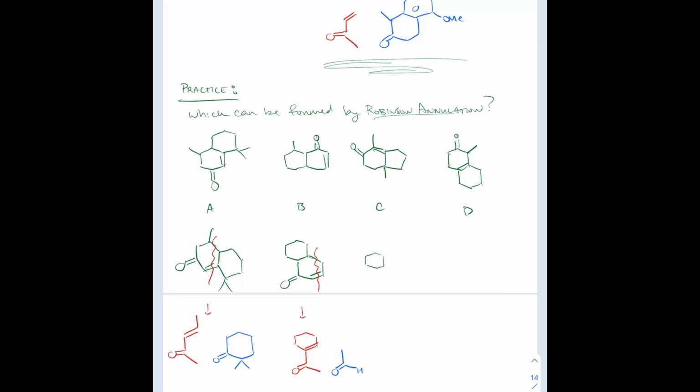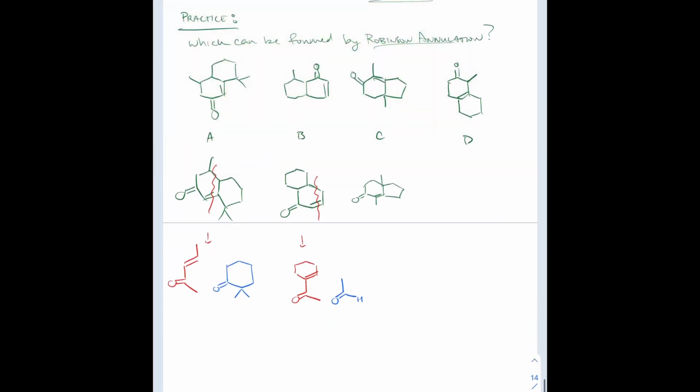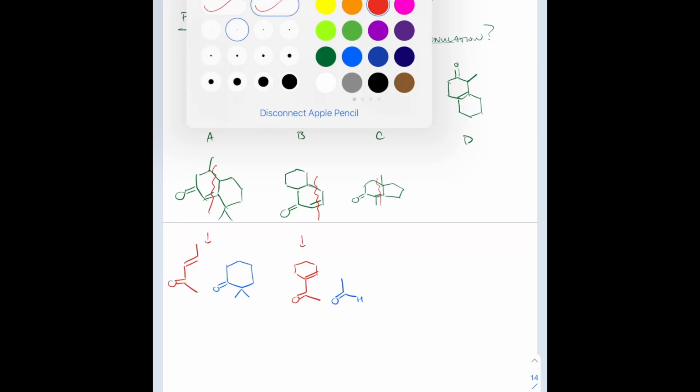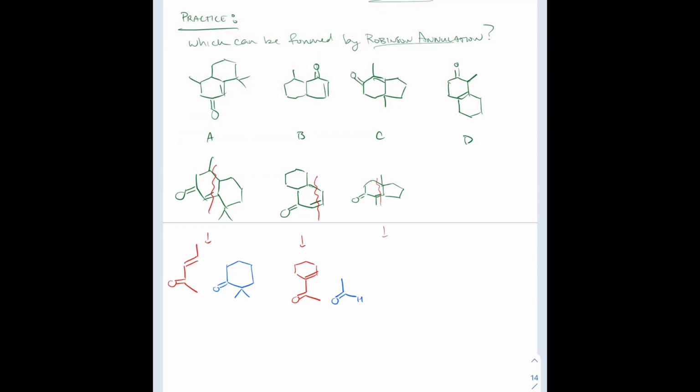And then we do this again for B. This one is a little bit weirder, right? We don't have the fused ring on the right side. However, we are able to orient the alpha beta unsaturated ketone as we usually have, and that gives us a weird ring, alpha beta unsaturated ketone with a ring on it, and then we have an aldehyde.